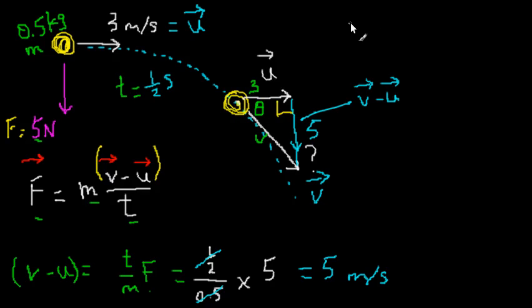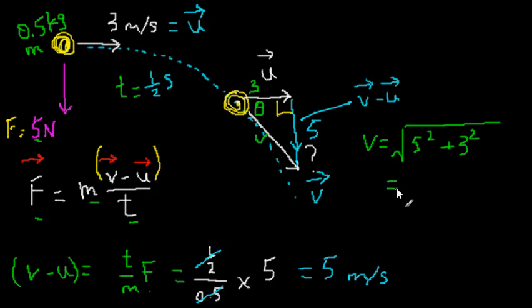This means that v should be equal to the square root of 3 squared plus 5 squared, or 5 squared plus 3 squared.